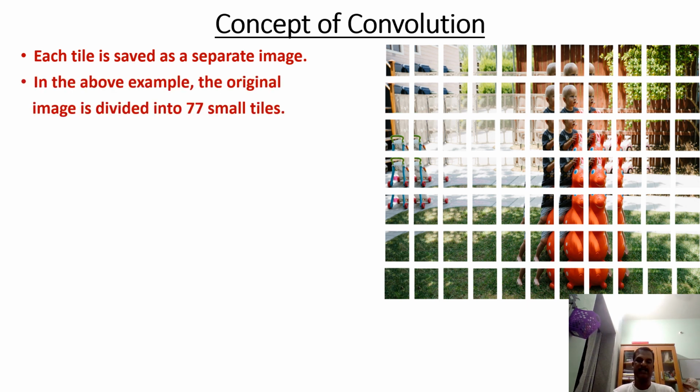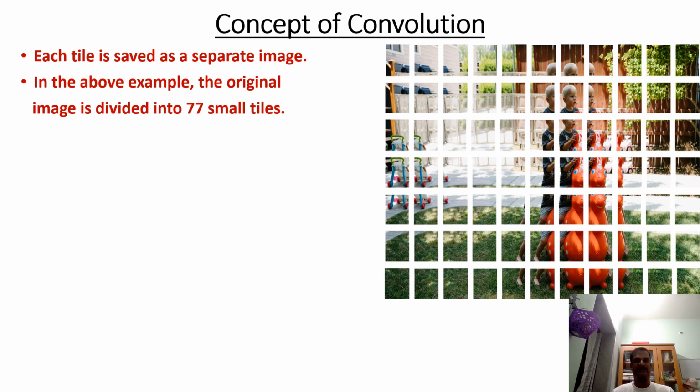Now the original data is divided into 77 small tiles or images or frames. You can see that the body part of the child is available in many positions. Take the first row: you can see it in the sixth frame, seventh frame, eighth frame. On the corner, in the middle, at the upper, at the lower end, in all possible directions you can find it.